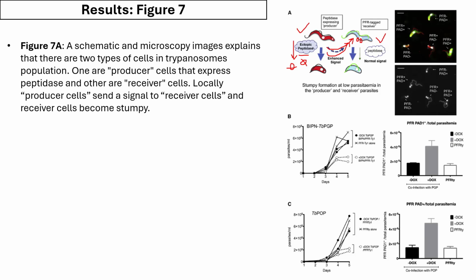Once that signal has been received, these cells will differentiate into stumpy form, and even the producer cells will also differentiate into stumpy form. So this is a local or a paracrine kind of mechanism in which locally some kind of cells are inducing some kind of changes or sending some kind of signal to the nearby similar looking cells.